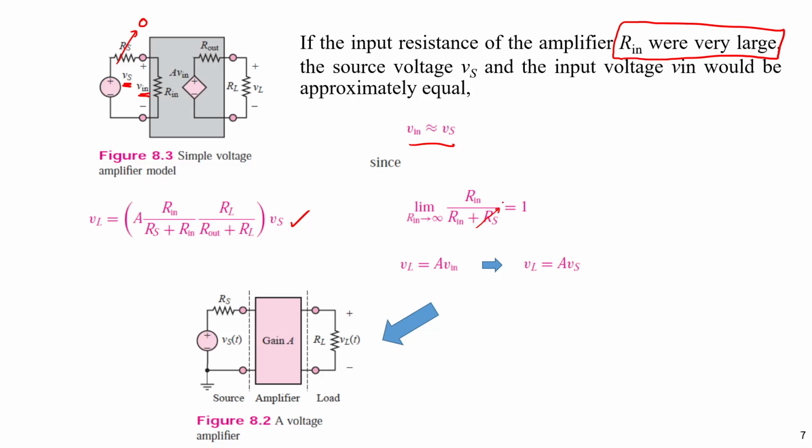So Rs can take 0, or we take the limit of Rin to infinity. If we take Rin to infinity, Rin by Rin is 1. So this is the property of the operational amplifier.